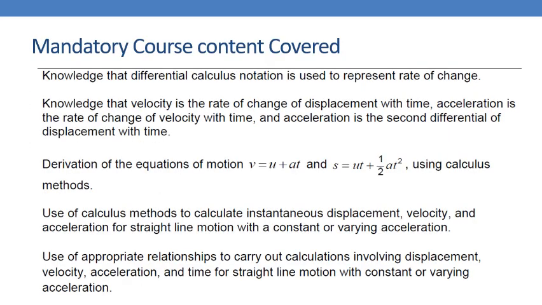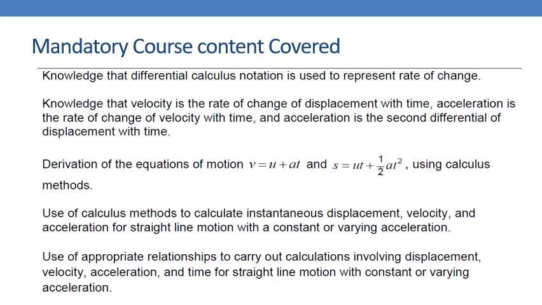So let's have a look through. We need to know calculus notation for rate of change. We'd have knowledge that velocity is the rate of change of displacement, acceleration is the rate of change of velocity, and acceleration is the second differential, d squared s by dt squared.